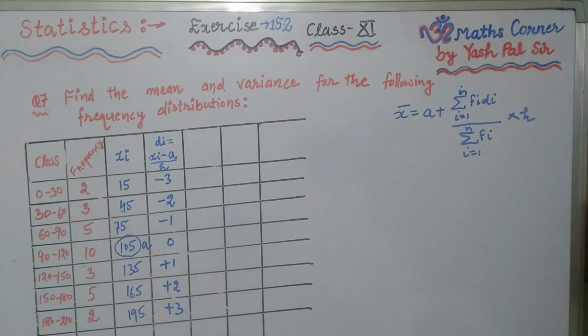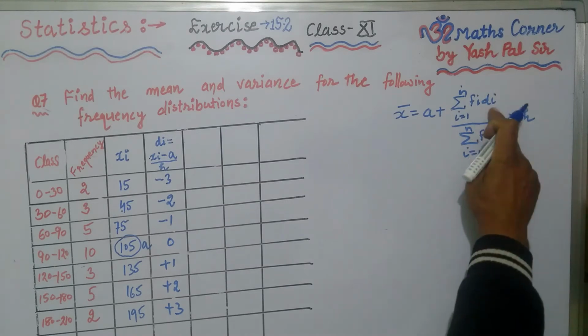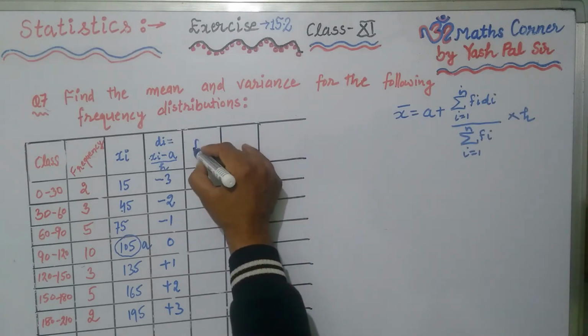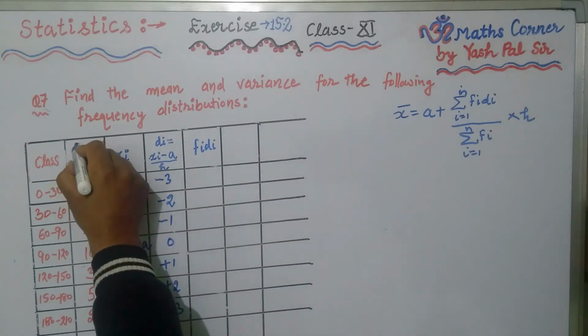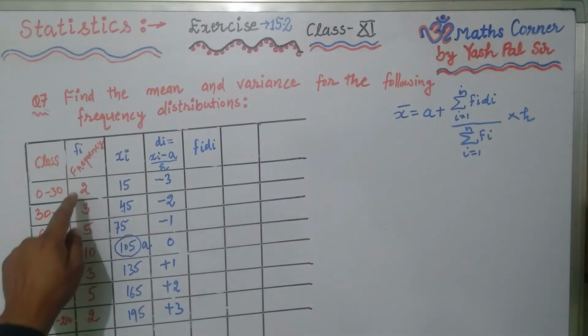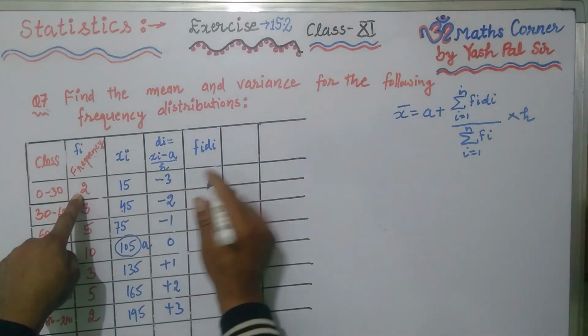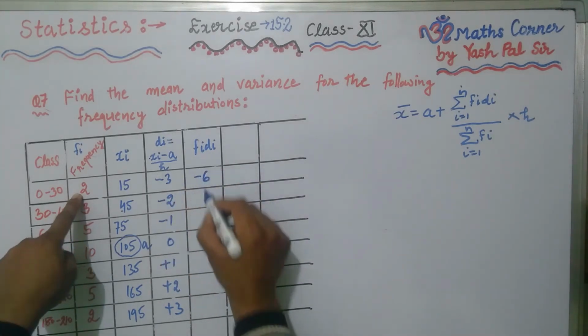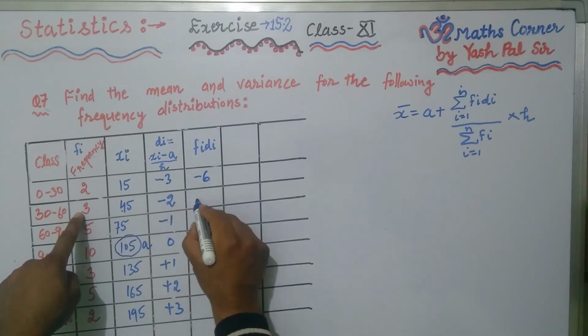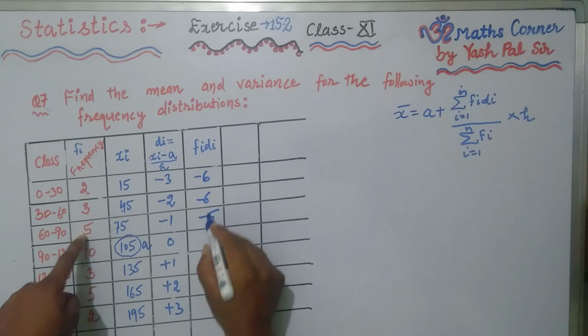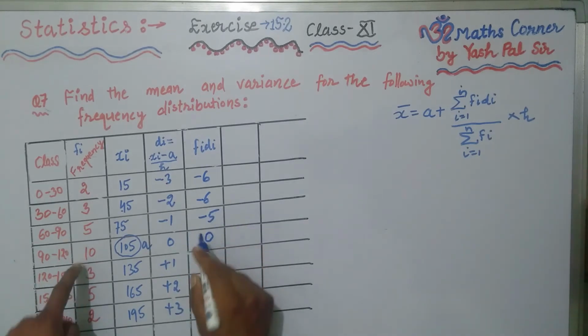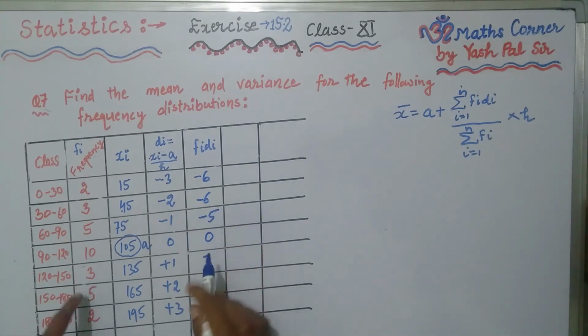We get it this way, right? Next we need fi di. So we write here fi into di. This is fi, right? 2 into minus 3 is minus 6. 3 into minus 2, minus 6. 5 into minus 1, 10 into 0, 3 into 1, 5 into 2, 2 into 3, 6.